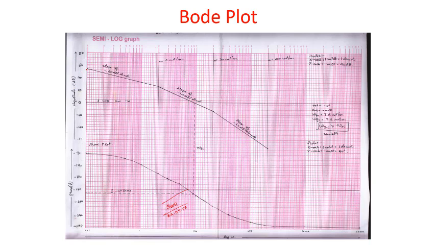The key points will be the starting point, the corner frequencies, then the magnitude line and the 0 dB line, the minus 180 degree line, and the starting and the ending of the phase plot, and mentioning the two scales and telling about the phase margin, gain margin, corner frequencies, and the comment, that is whether it is stable or unstable. Hope you have understood and you are able to draw it.